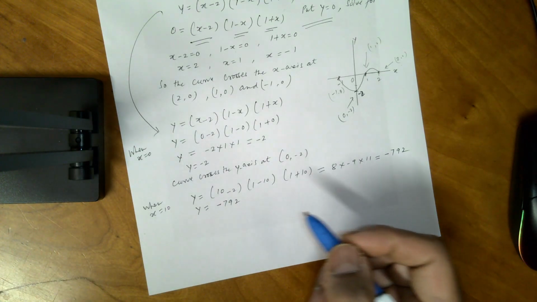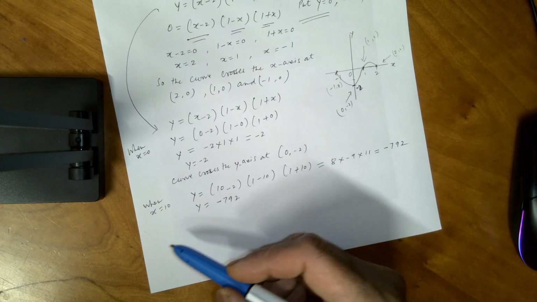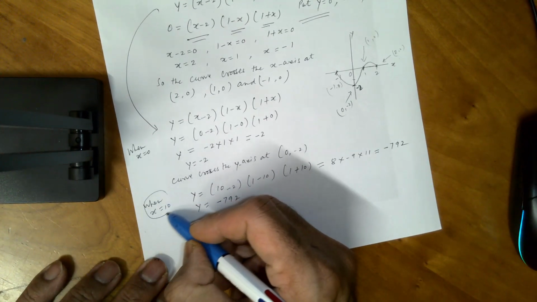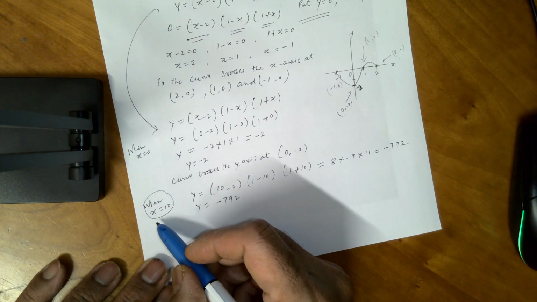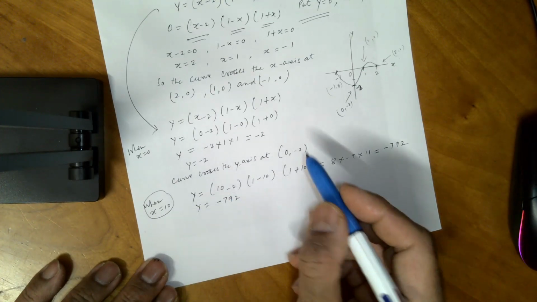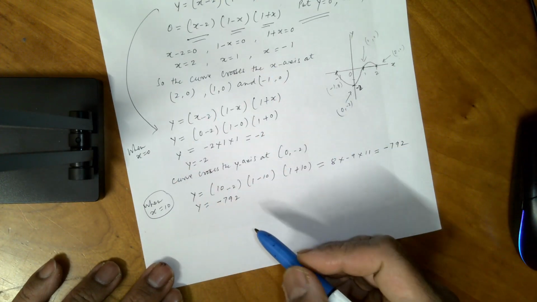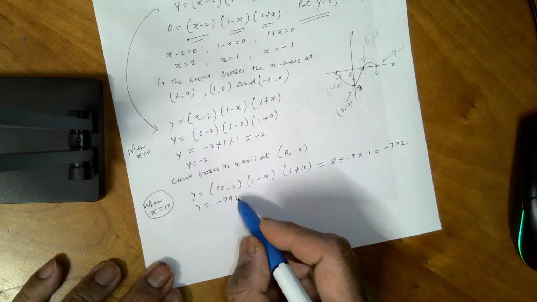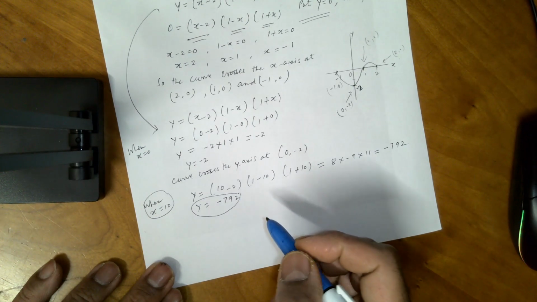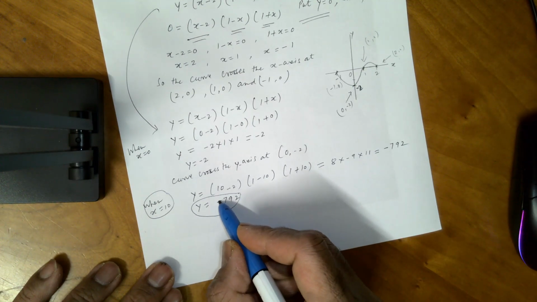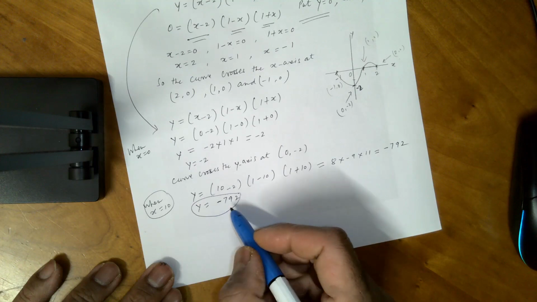So you see, this wasn't really a large enough value, it was just x equal to 10, with that equation. You see the y value is really large as well, minus 792.